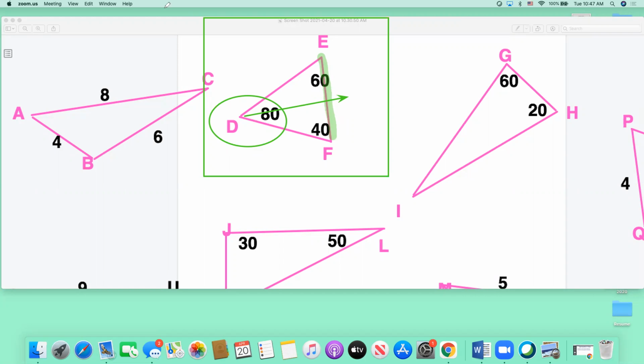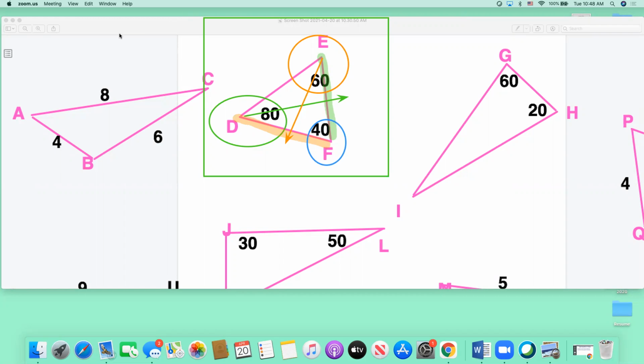Does that make sense? Let's look at the next one. Here we have E, which is 60. If I drew an arrow across from this E, it's going to hit this side right here. So this is your second longest side. My smallest side is going to be across from the smallest angle.